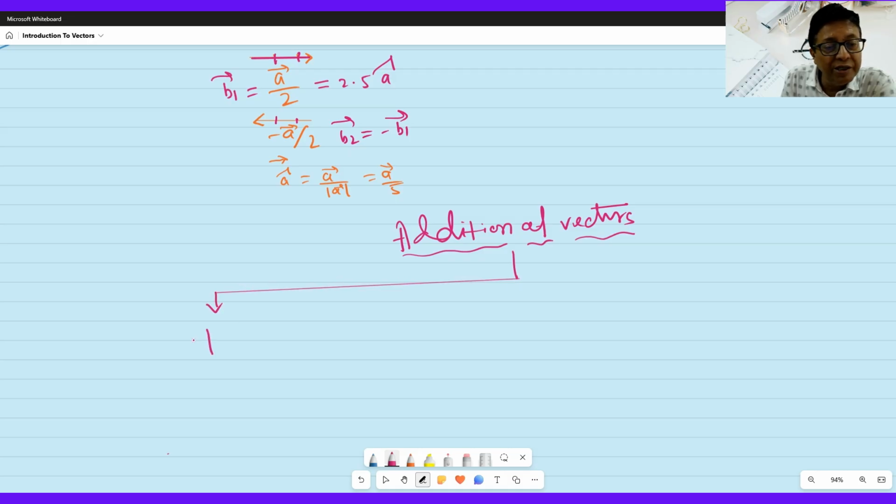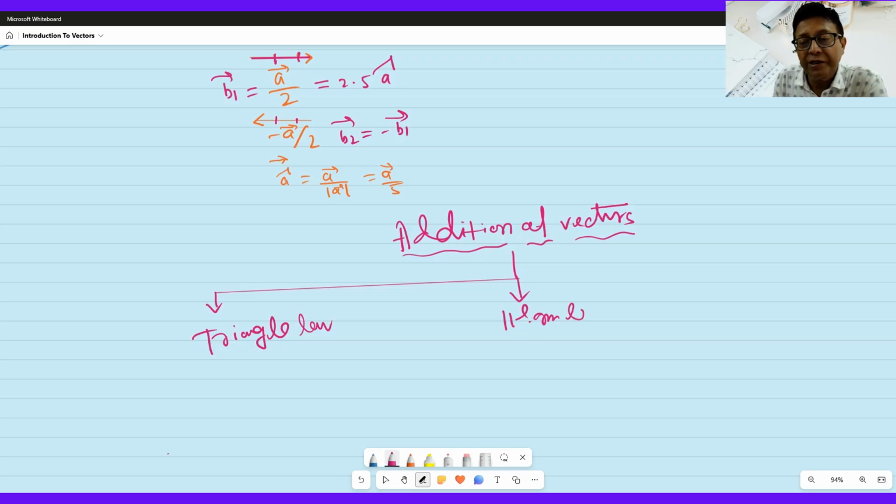First one, triangle law. I am writing parallelogram law, second one, but this is basically same as that of triangle law. Same thing, there is no difference. And the third one is polygon rule.